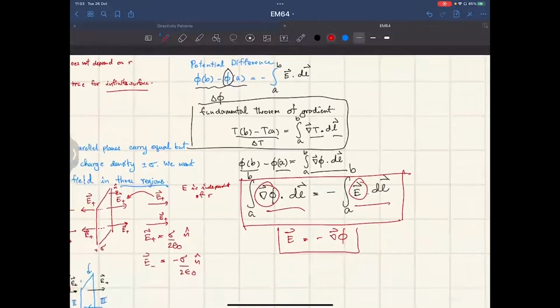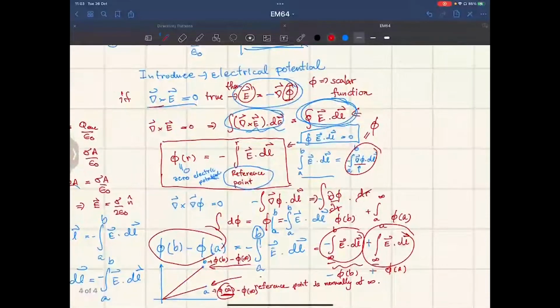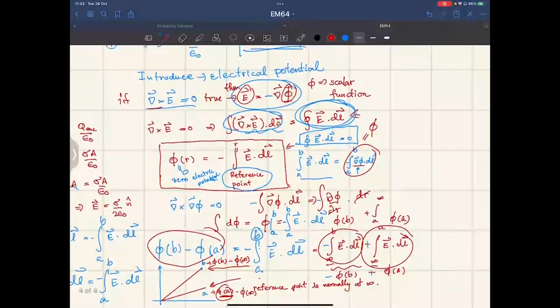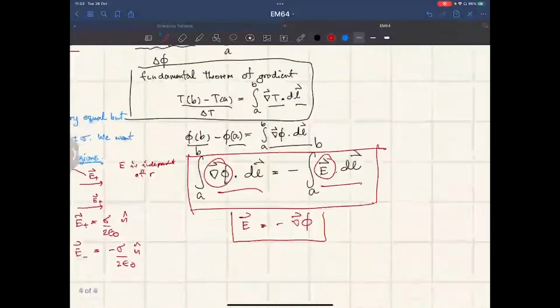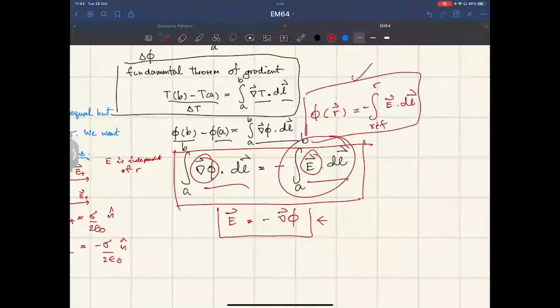Okay, this is the derivation. So this is our result. So this concept is true here. Phi of r here is equal to the integral from any reference to r of E dot dl. So this expression is true because it gives the same result here.